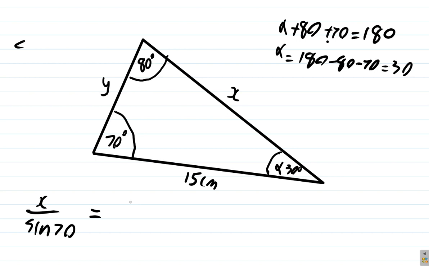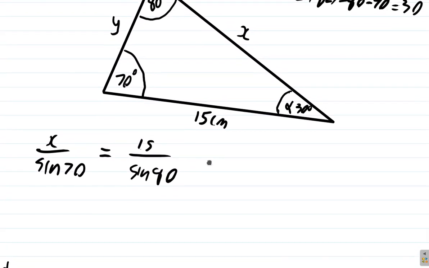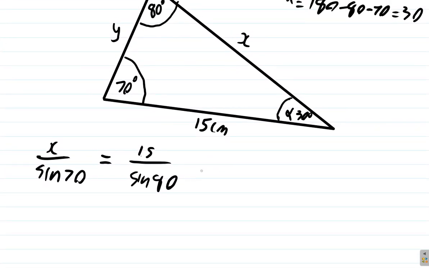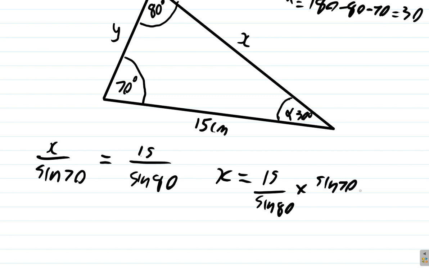So the side 15 over the sine of the angle 80. So when we transpose that, we get x is equal to 15 over the sine of 80 multiplied by sine 70.